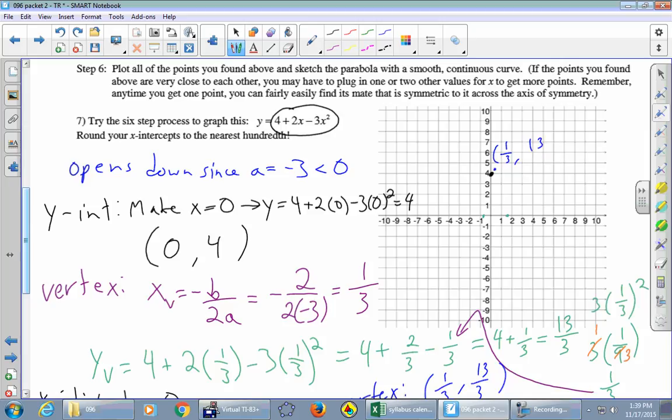So to get from the y-axis to the vertex, we had to go 1/3 to the right. So to get to the symmetric point of that black dot, we need to go another 1/3 to the right. So I'm ready to put a dot right here and say that the coordinates of this guy are 2/3 comma 4. Combine that: from the y-axis to the vertex, and then again that same distance.